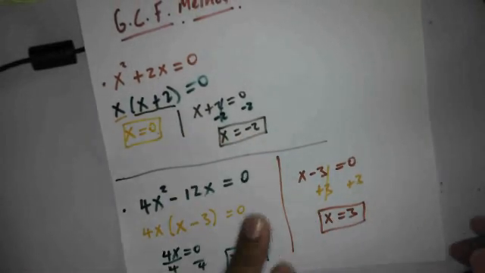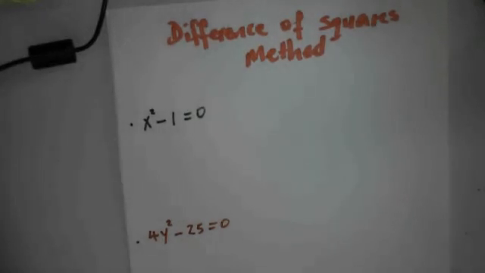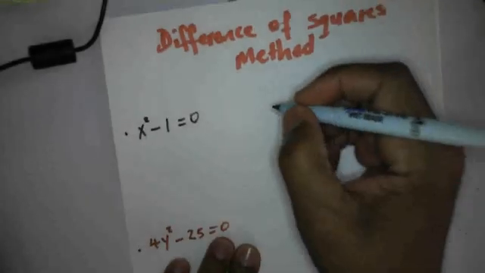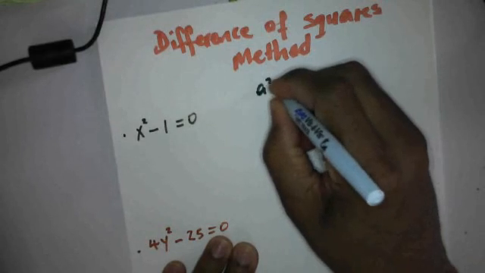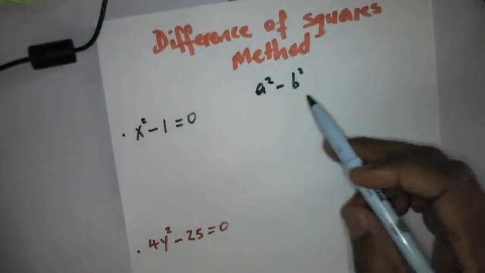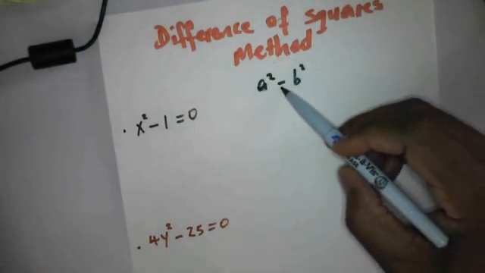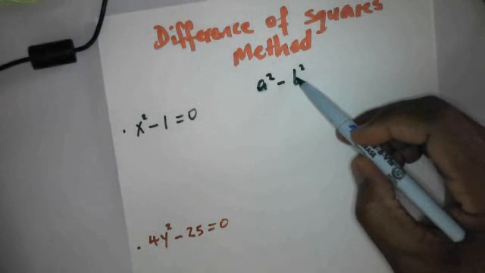Now we're going to move into the other concept, which is difference of squares. So difference of squares is of the form a squared minus b squared. This is the general form of it. What it means is it must be a squared term minus another squared term.